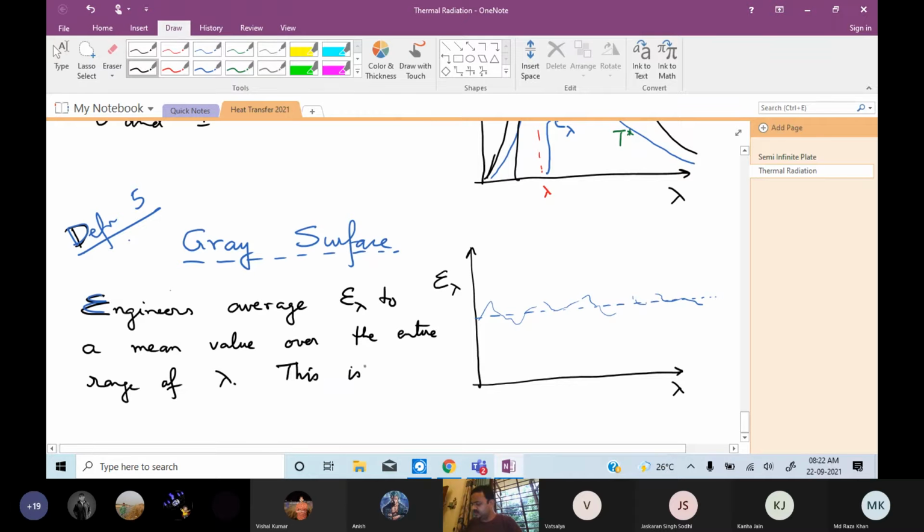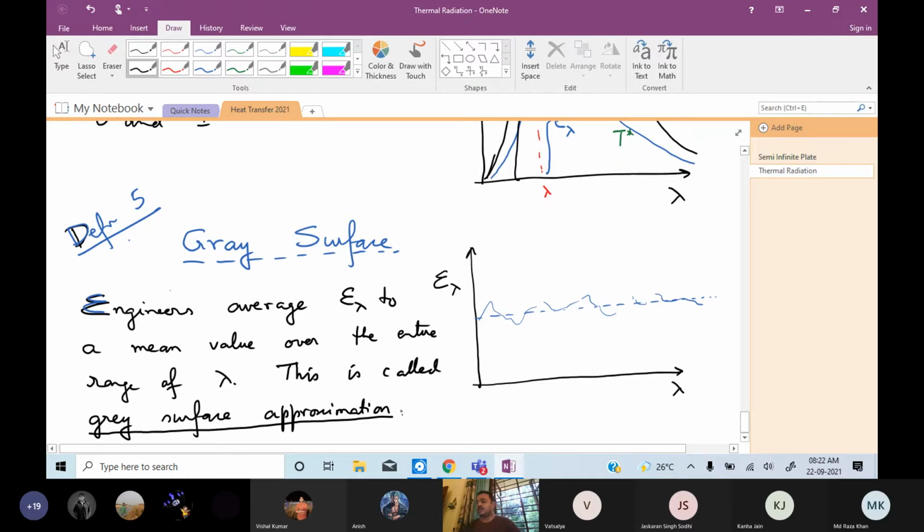This is called the gray surface approximation. Gray is spelled both ways, G-R-E-Y and G-R-A-Y.